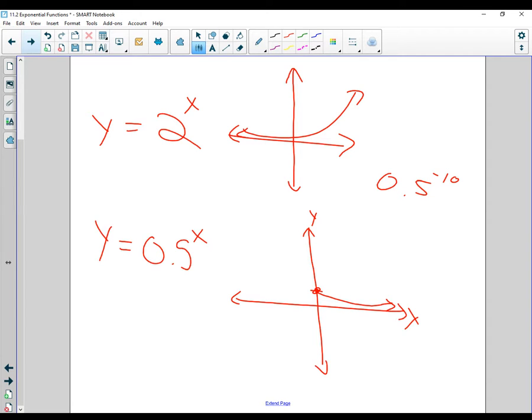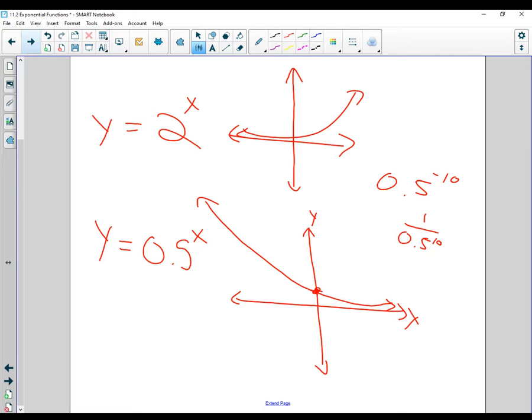Isn't that 1 divided by 0.5 to the 10? 0.5 to a power makes a smaller number over and over, and if you're dividing by smaller and smaller numbers, you are getting bigger.